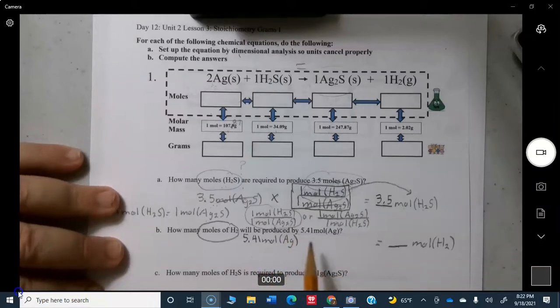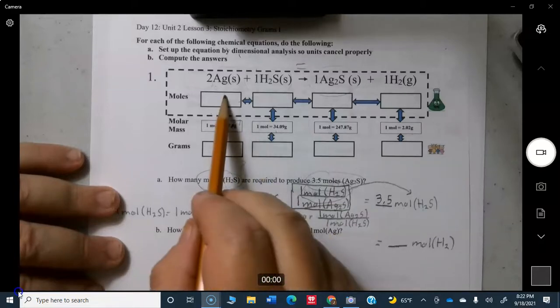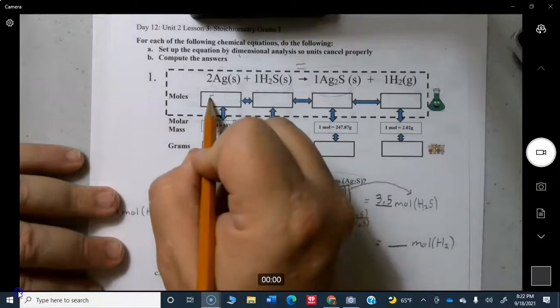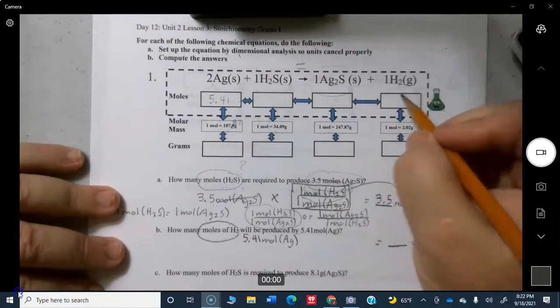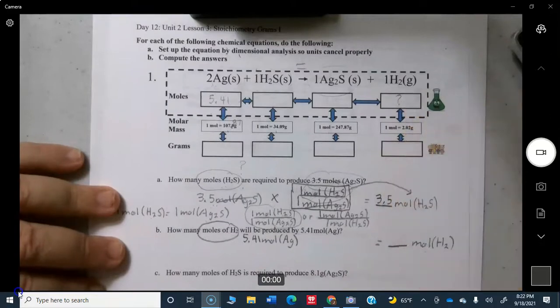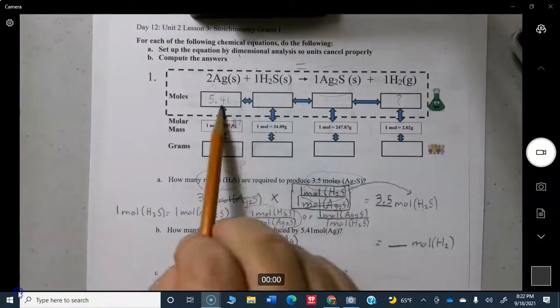Okay. And so we're going to go up to our graphic organizer. So moles of Ag is right here, and there's 5.41. And moles of H2 is over here. That's what we're trying to find. That's our question mark. So it's a moles to moles conversion.